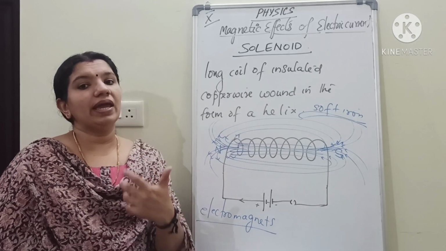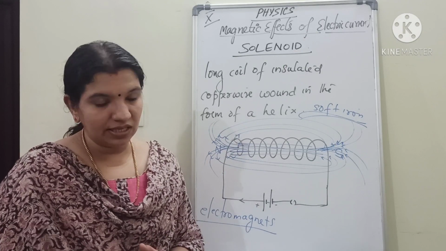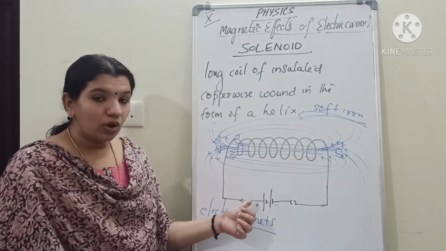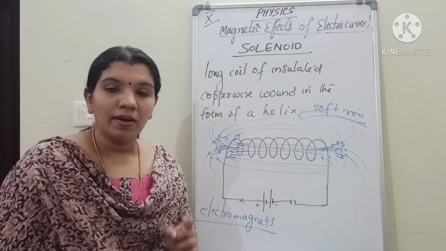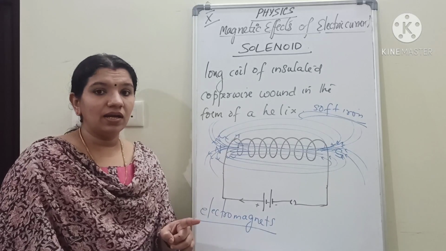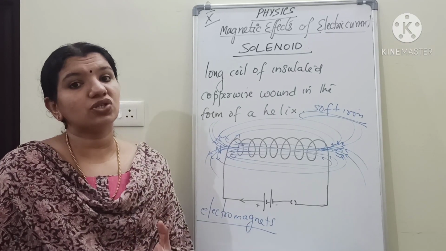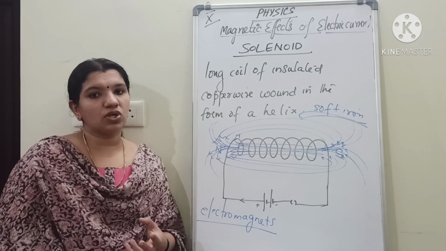How can you make an electromagnet? You place a soft iron-like material inside the solenoid. By passing current, it will turn into a strong magnet. This soft iron will get easily magnetized, and this electromagnet is a very strong magnet. Even though it is a temporary magnet, it is very strong.